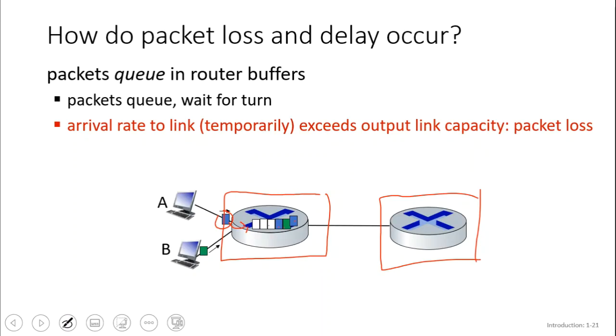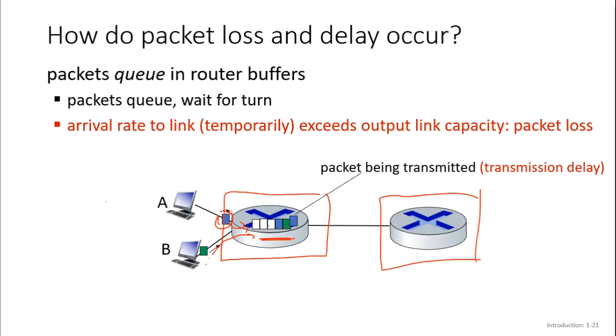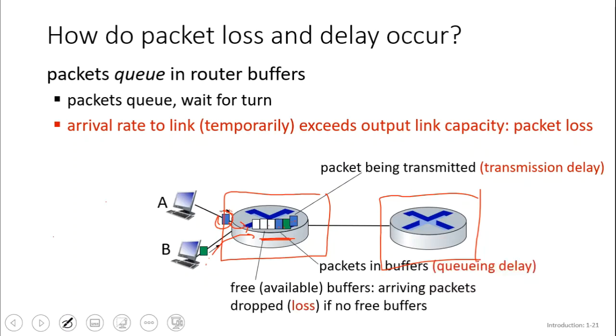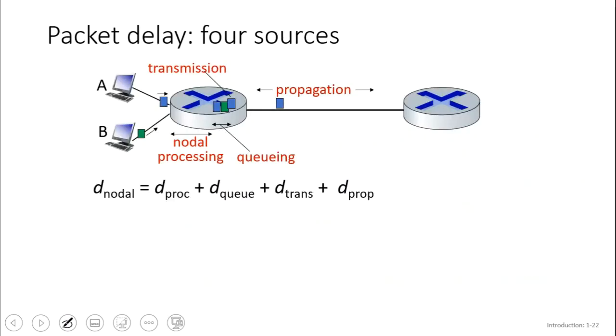That's basically one reason why we can have a delay: there's already a queue and a new packet is coming, and then it will find a queue. This is on a first come first serve basis, and there will be a little delay.